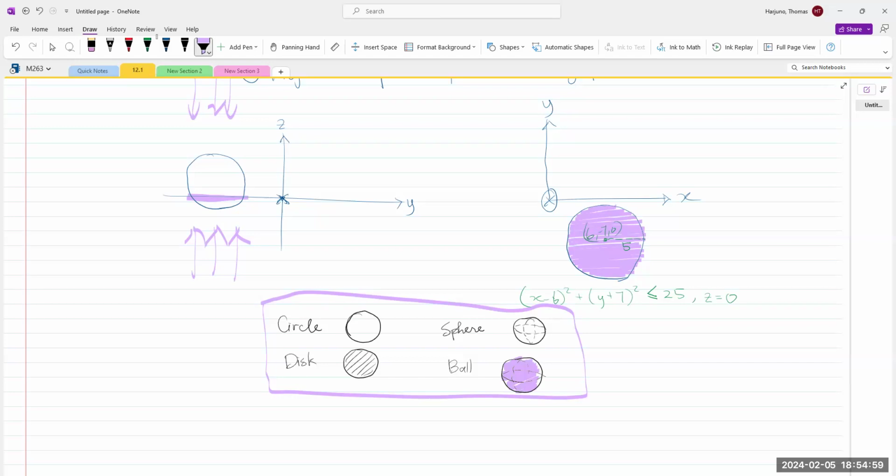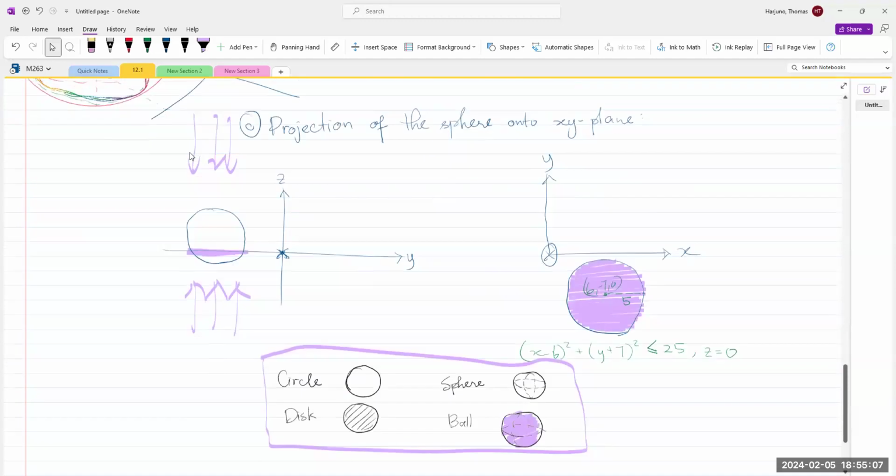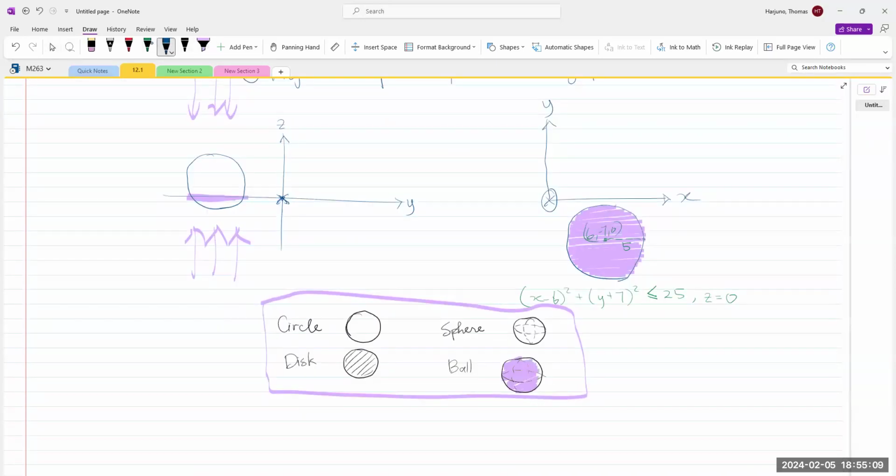Now let's go on a little bit more. I go on from here, maybe part D. How about the distance of the sphere to the origin?